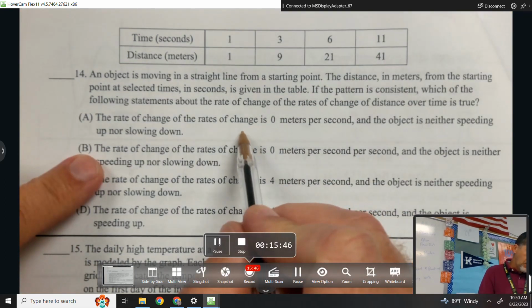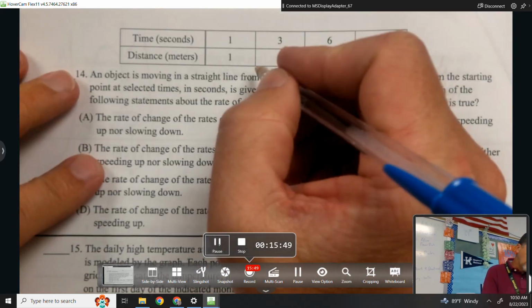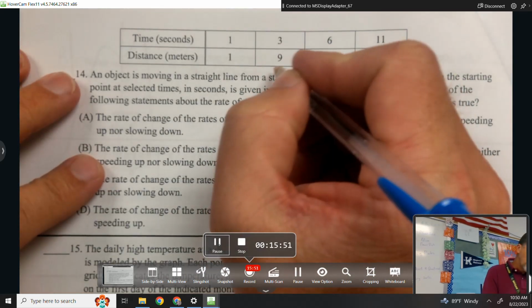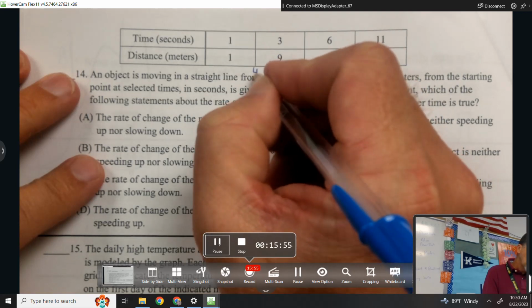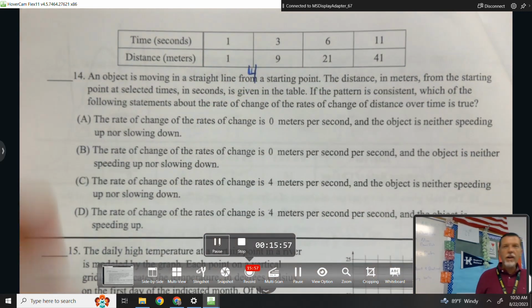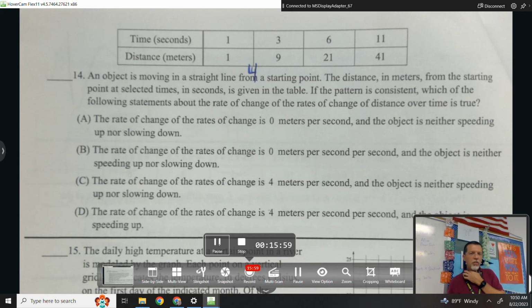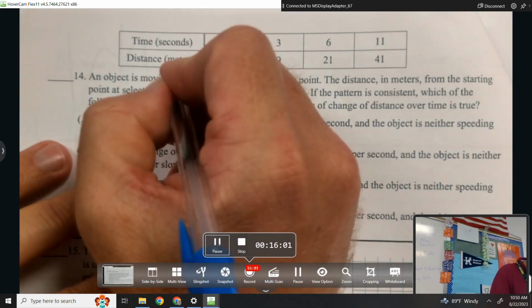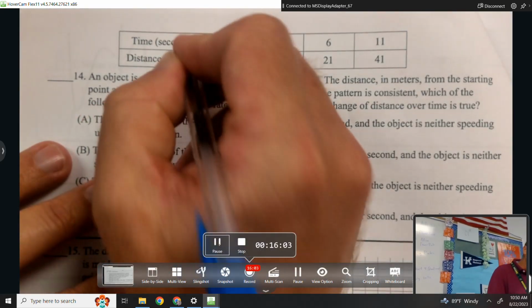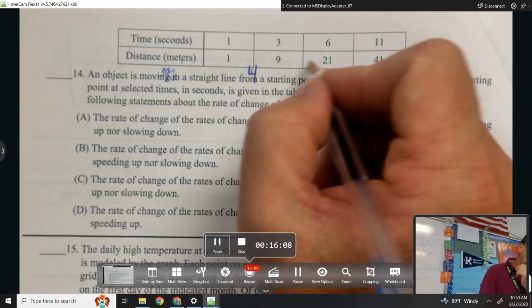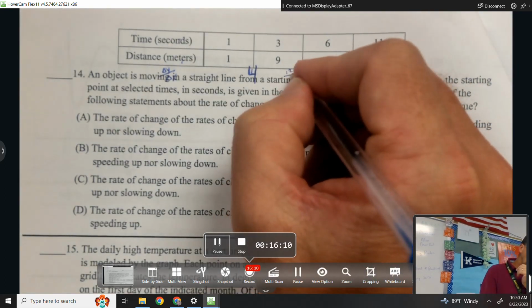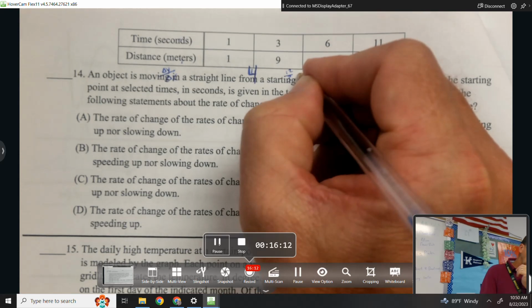Okay, so let's see. This first rate of change is 8 divided by 2 is 4. Are you okay with that? Change in y over change in x. Or in this case, change in meters over change in seconds. This rate of change is 12 divided by 3 is 4.